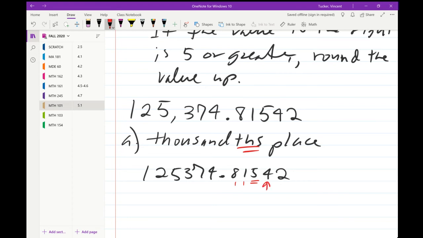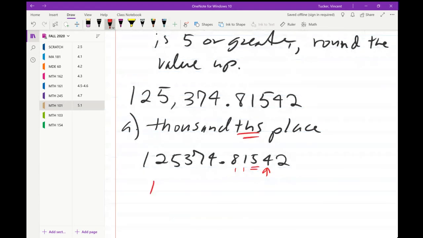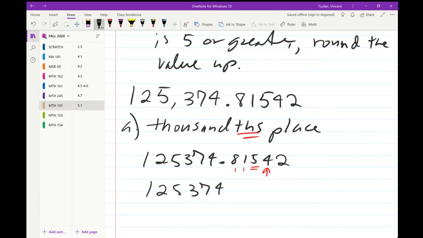So that means we'll look at the 4, and our gauge for what we do with the 5 is based on the 4. Since it is less than 5, we're going to leave that 5 the same. So that'll be 125,374.81500.